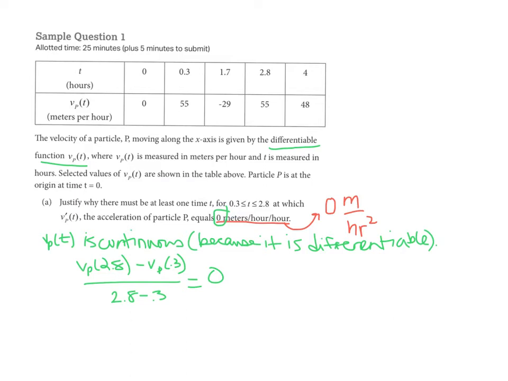So we've shown that it's continuous. We've shown that the mean value theorem applies because the average rate of change is equal to 0. Now we can just write a little sentence. I actually usually like to rewrite pretty much the exact statement they give you on the AP tests.